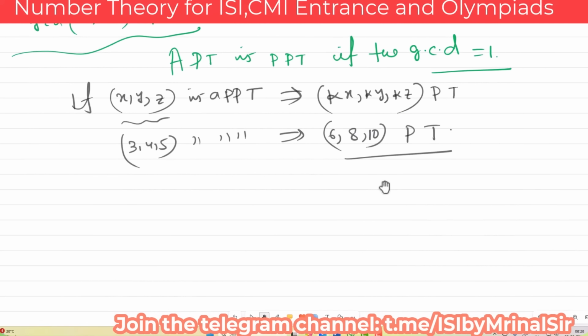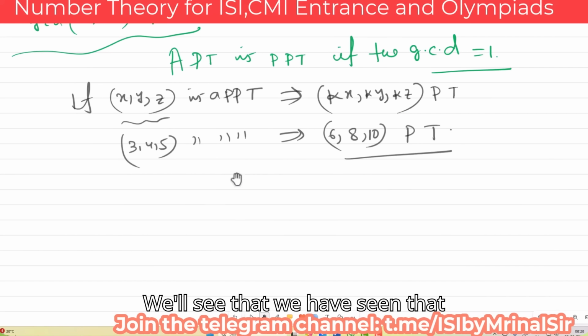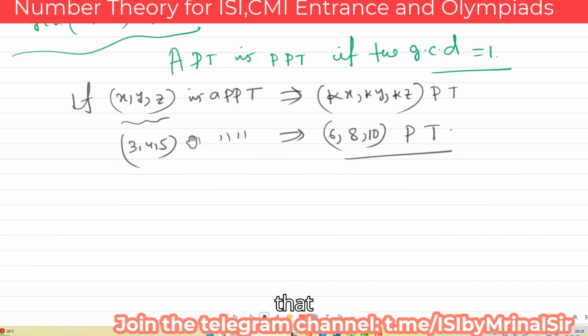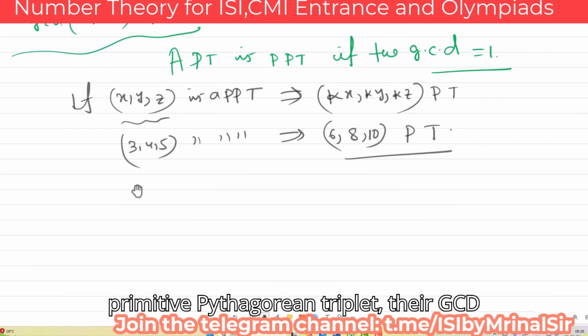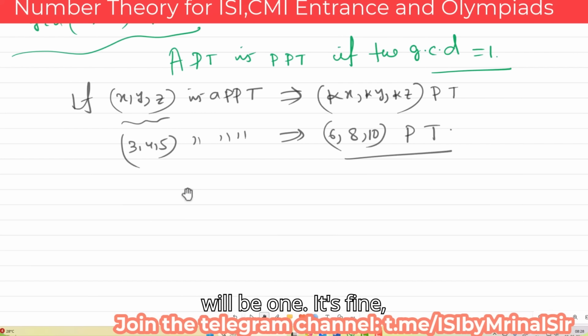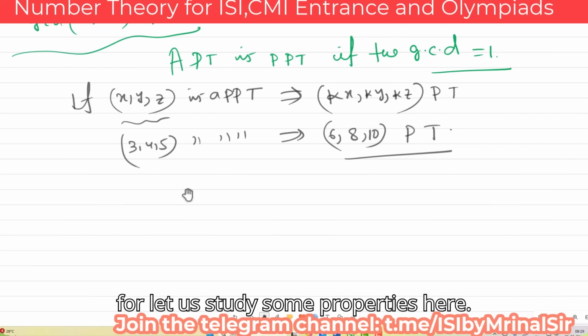Now, we have seen that for a primitive Pythagorean triplet, the GCD will be 1. It's fine, but I'd like to state this as a property. Let us study some properties here.